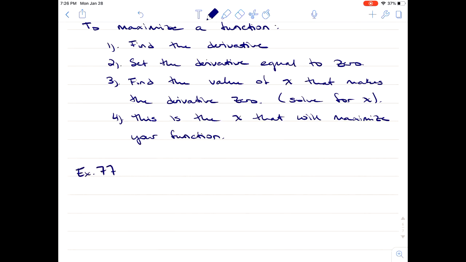Let's do example 77. Pretty sure I don't have a picture of it, because I think it's just quick numbers that I'll just write down for you. Let me just confirm here.